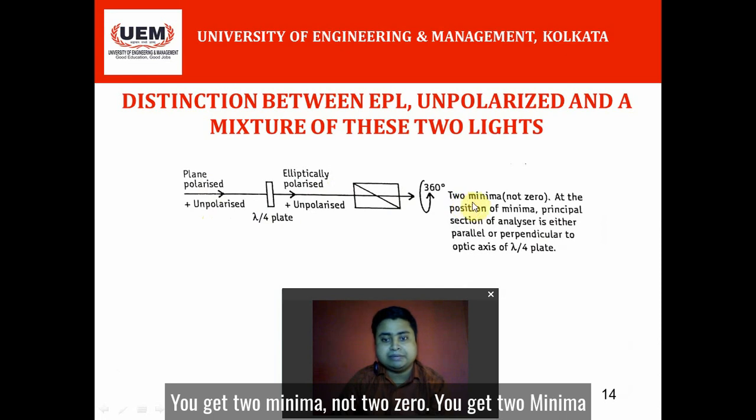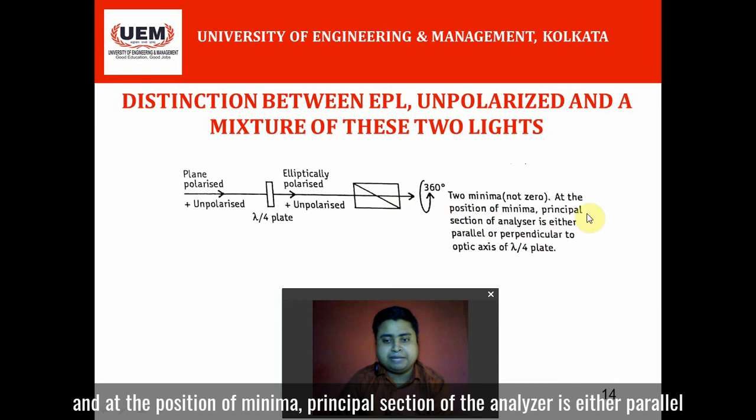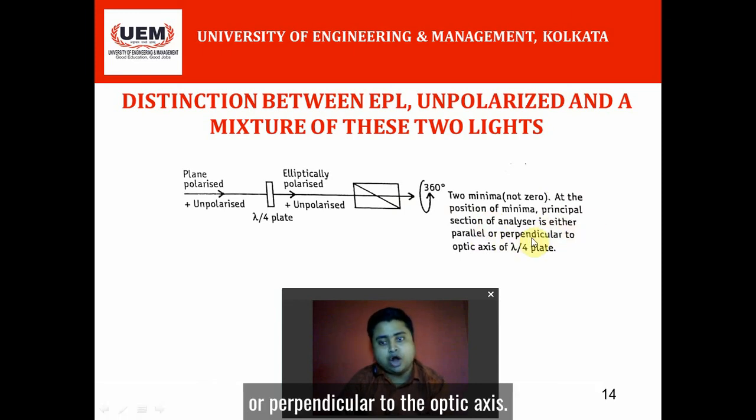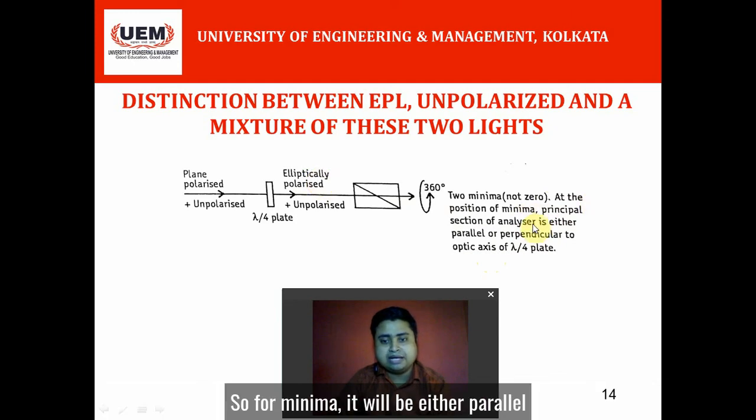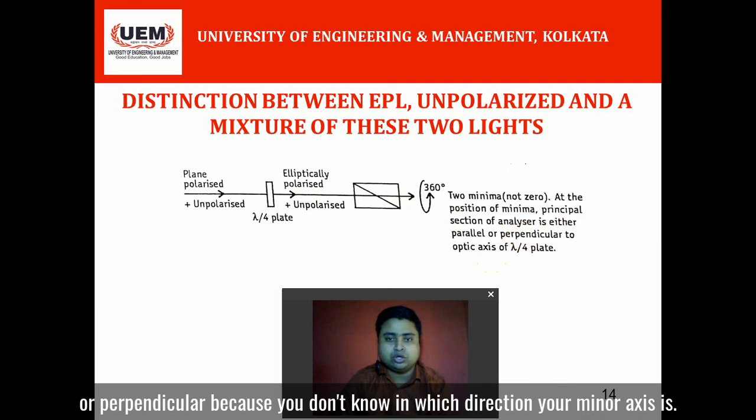You get 2 minima, not 2 zeros, and at the position of minima, the principal section of the analyzer is either parallel or perpendicular to the optic axis, because your elliptically polarized light has one major axis and one minor axis. So for minima it will be either parallel or perpendicular, because you don't know in which direction your minor axis is.